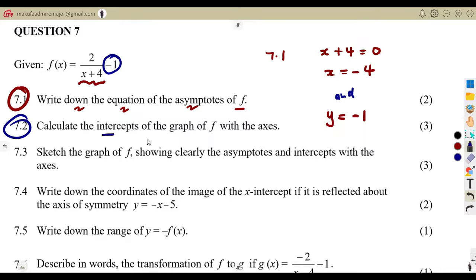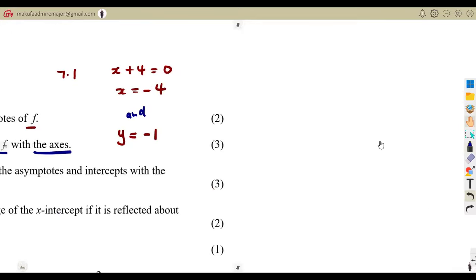7.2, calculate the intercepts of the graph of f with the axes. Meaning we need the x-intercept and also the y-intercept. So from our f of x, which was given as 2 over x plus 4 minus 1, let's consider the x-intercept. For the x-intercept, we know that y is equal to 0.